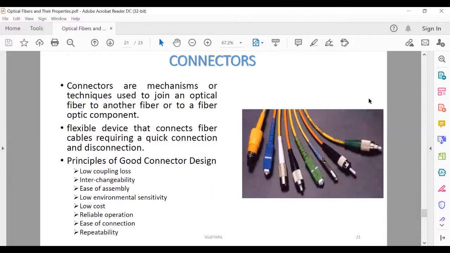The main components of this type of connector are a ferrule, sub-assembly body, cable, and stress release boot, and also the connector housing.